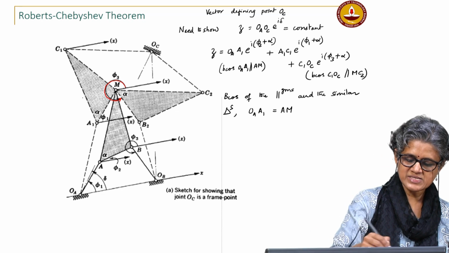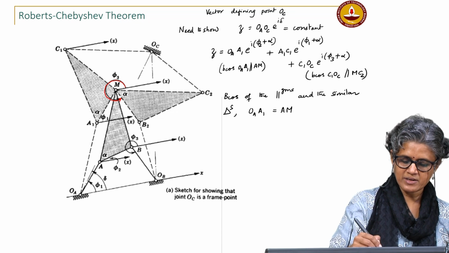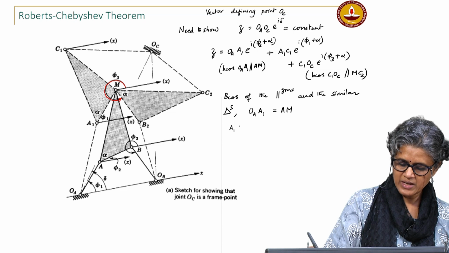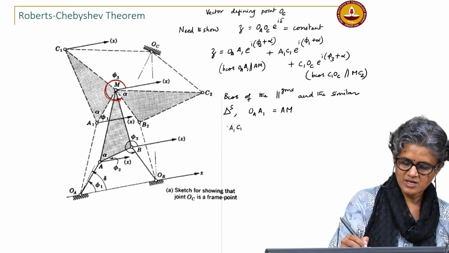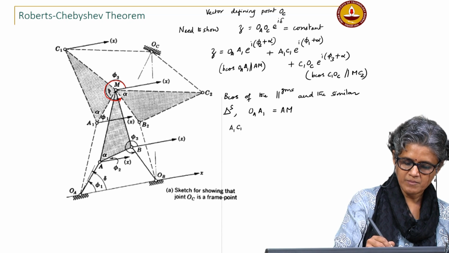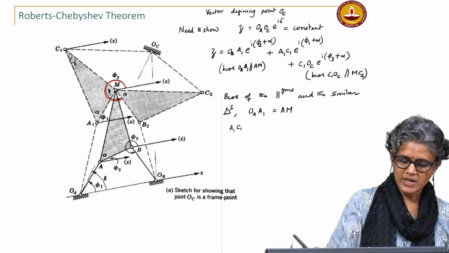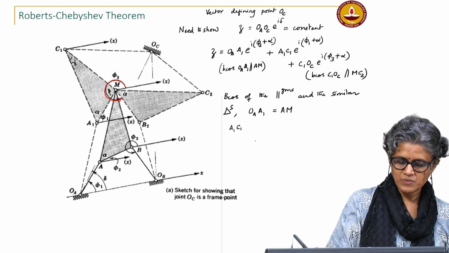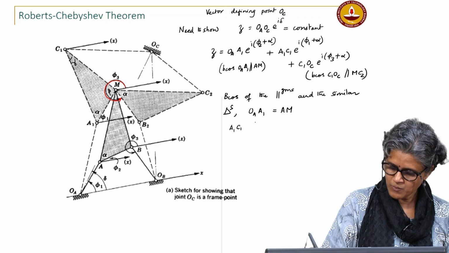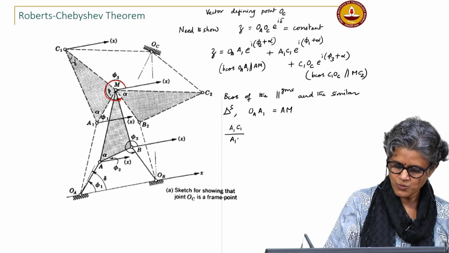If I look at these similar triangles, the coupler triangle, A1 C1 M, this is alpha, this is beta, this is gamma. Okay. So, I have A1 C1 by A1M will be equal to what?